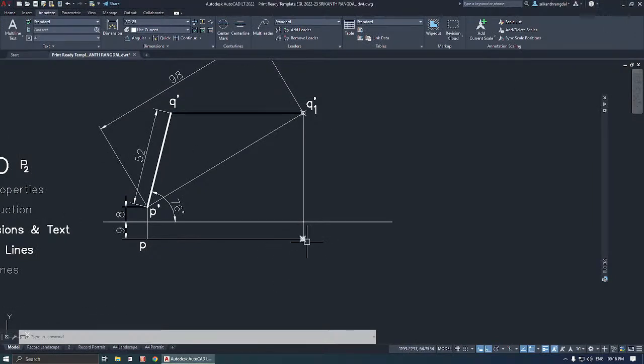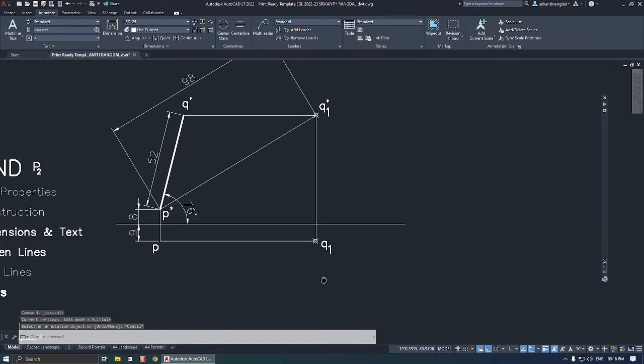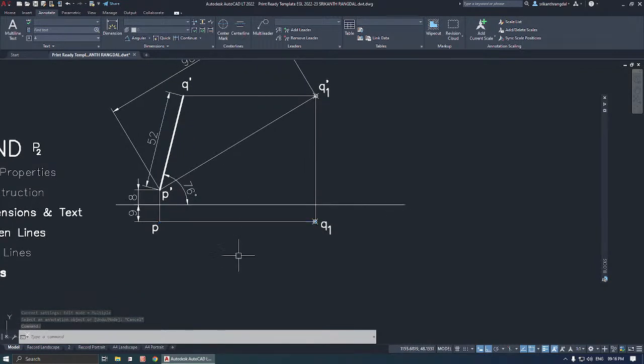Okay, so we got this point here. What is this point? We are getting a straight line from Q1 dash. So this is the top view of the temporary point Q1. Okay, so this length is the top view length.